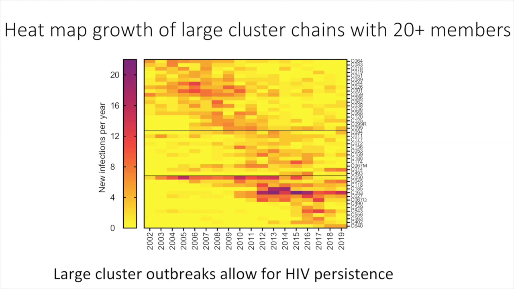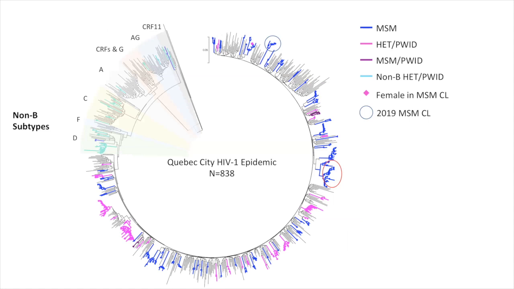Large cluster outbreaks in our studies appear to be interlinked with younger populations, in which the majority, 35% of people in large clusters, are individuals under the age of 30, and within these younger populations, they are spreading more rapidly.